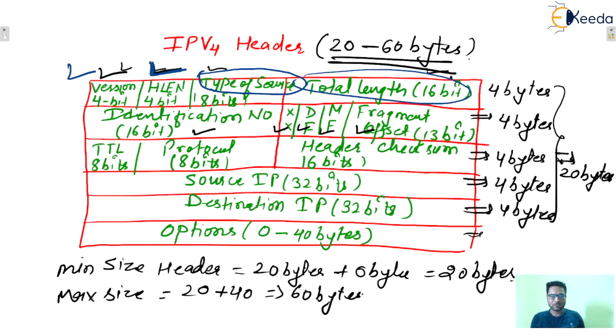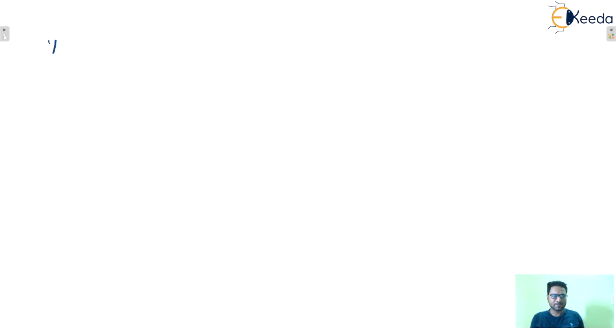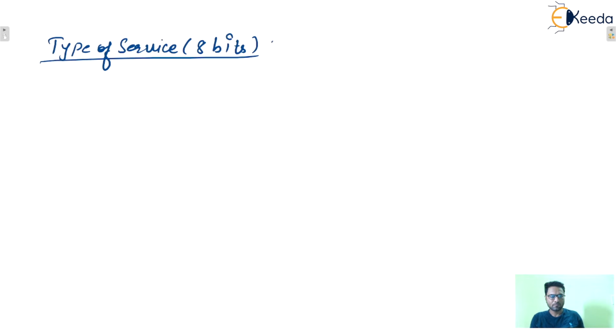The next one is type of service. This field is of 8 bits, and we'll see what is the use of this.